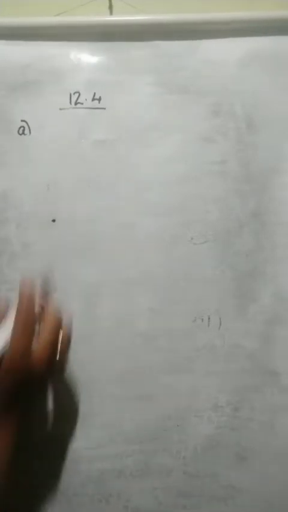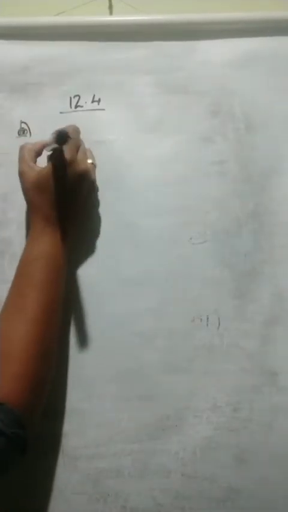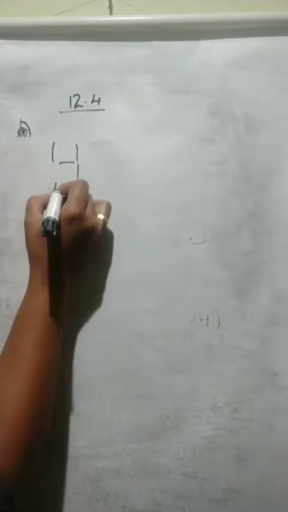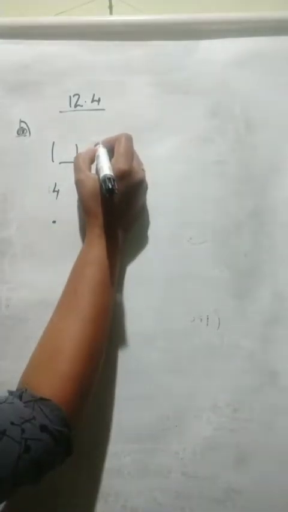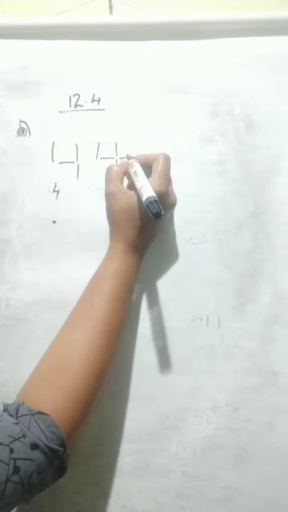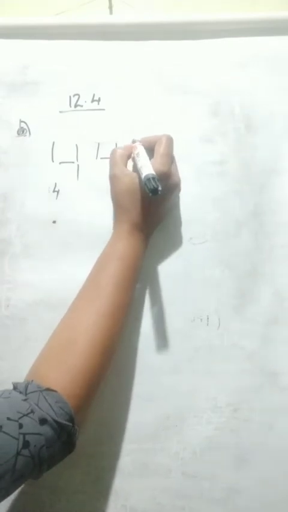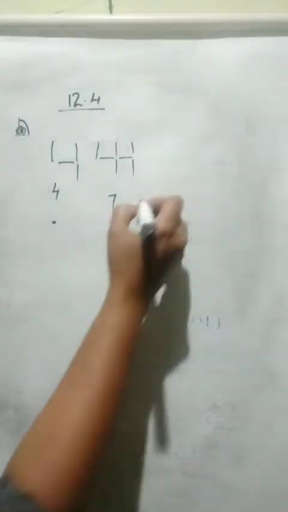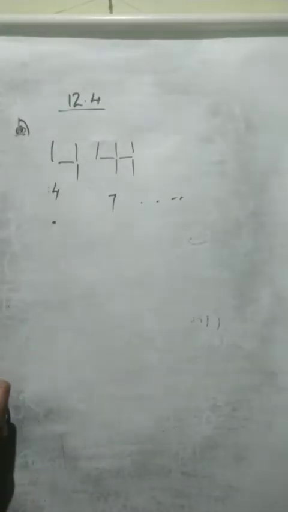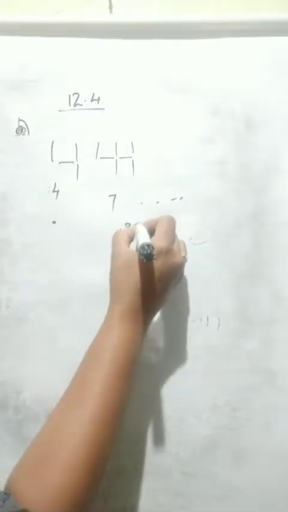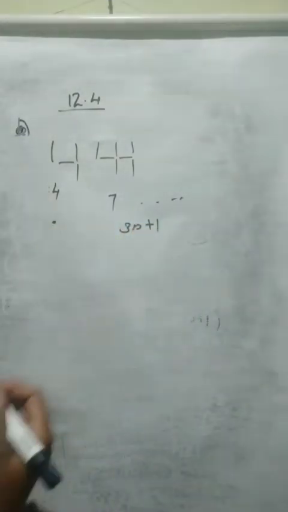Next question, how many are there? Question number B, 1, 2, 3, 4. Okay, 4 are there for the first one. Second one, 1, 2, 3, 4, then 5, 6 and 7. 7 line segments. In that way we have to find the algebraic equation, but here it is given for each question, that is 3n plus 1.